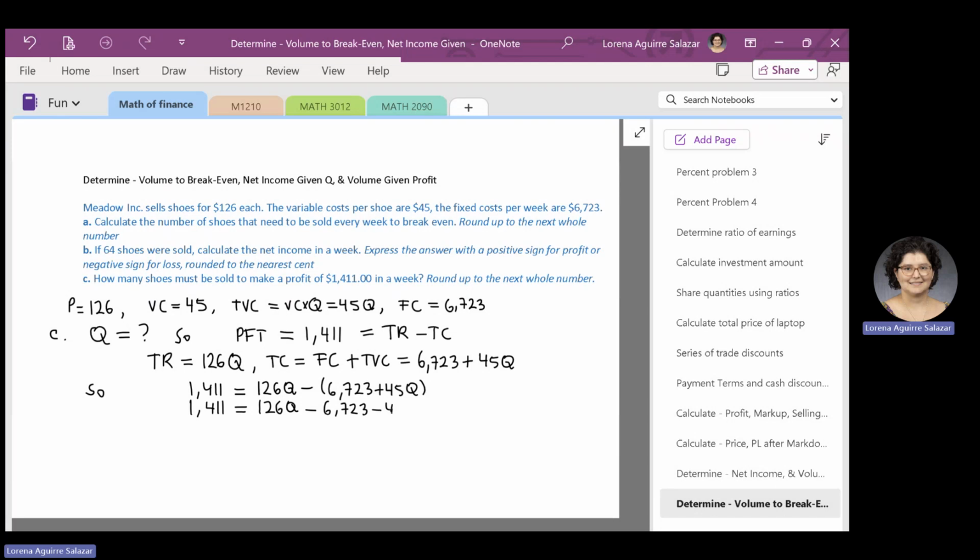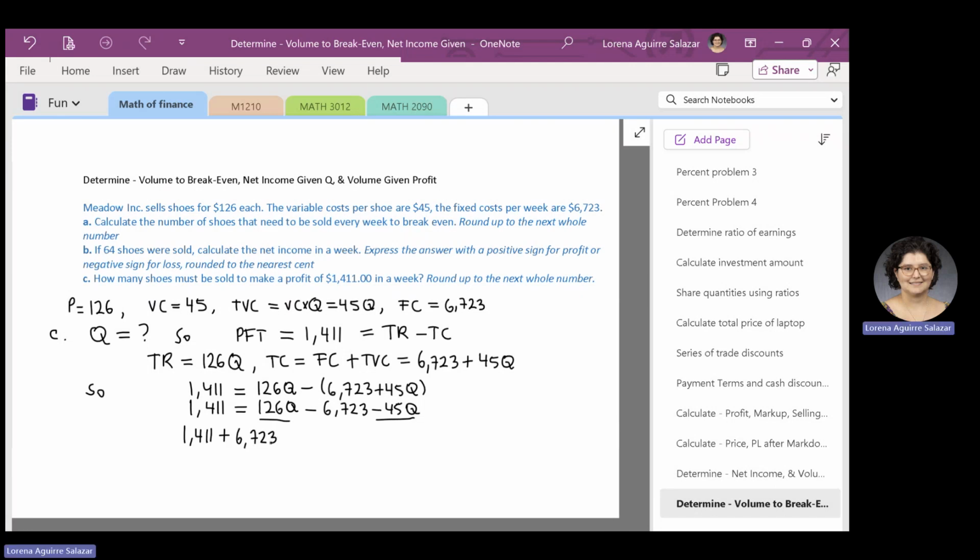Now we want to collect Q terms. We have 126 minus 45Q. And on the other side, we have 1,411 plus 6,723.